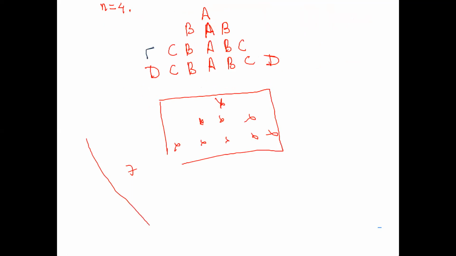In the first row, the number of spaces is 3, in the second row 2, in the third row 1, and in the last row, the fourth row, it is 0.